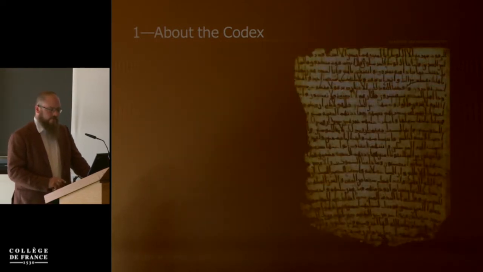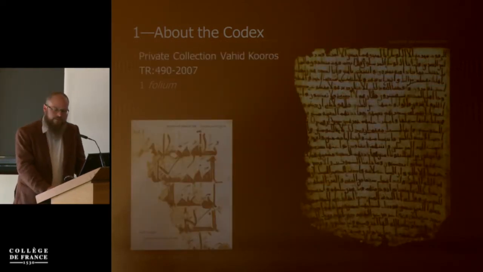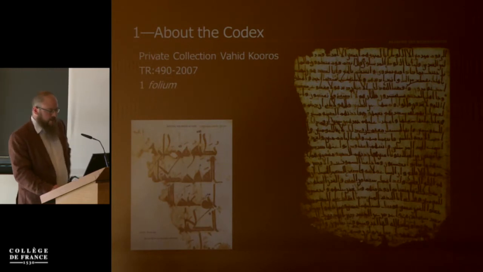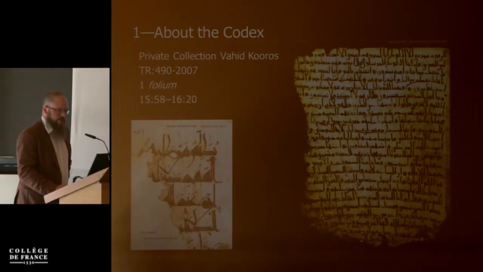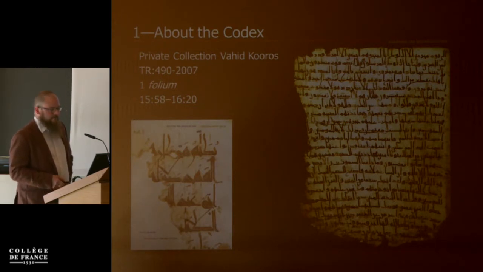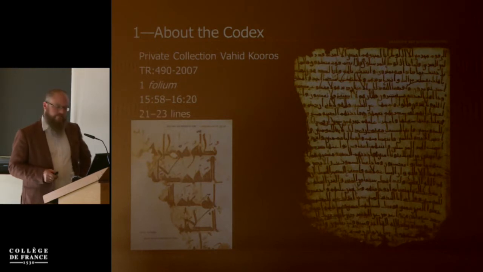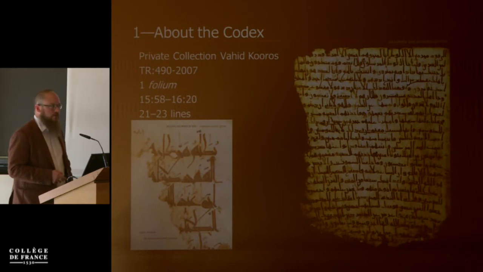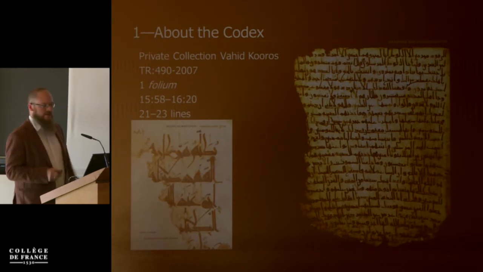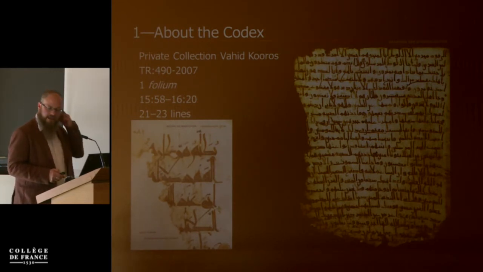Here we have a single folium, which is held in a private collection and was published in a Houston catalog of 2007 by David Roxburgh. This has also, just recto and verso, 21 and 23 lines, also within a similar range as the Chester Beatty library.